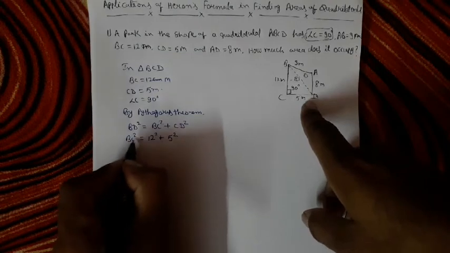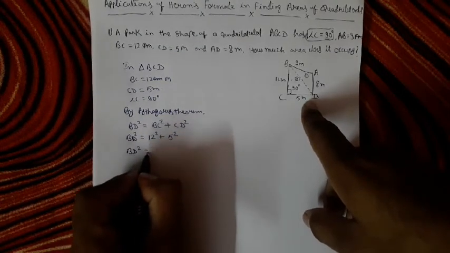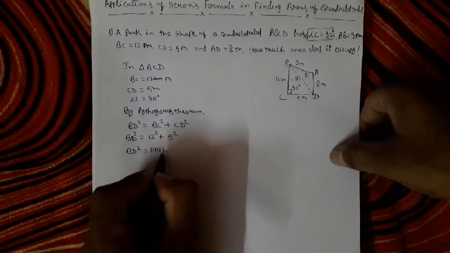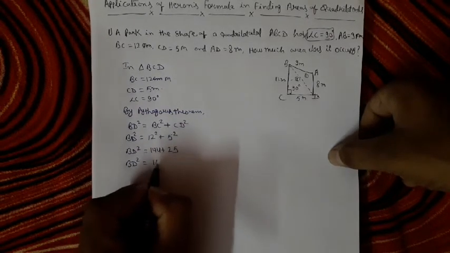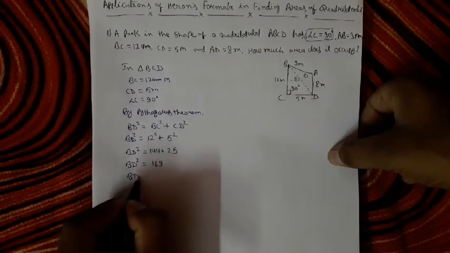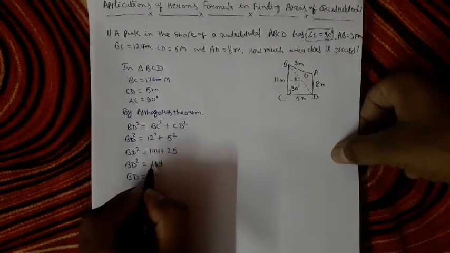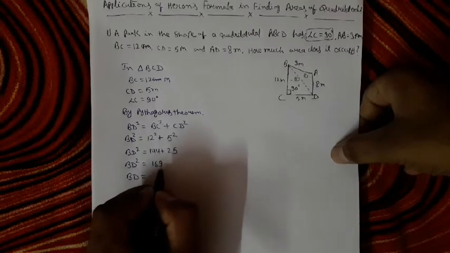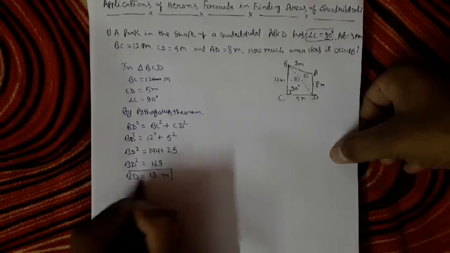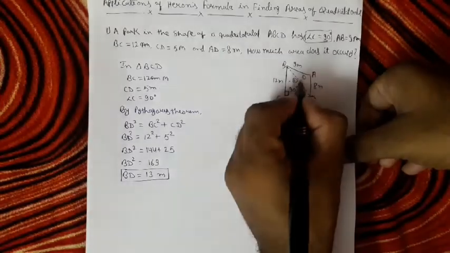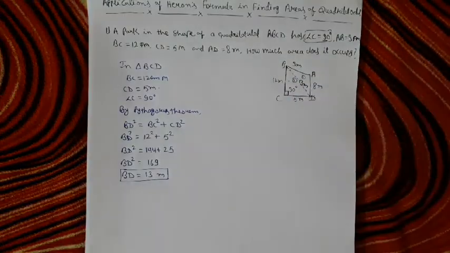BD square equals 144 plus 25, which is 169. When I remove the square, the number goes under the root, and the square root of 169 is 13. So BD is 13 meters.